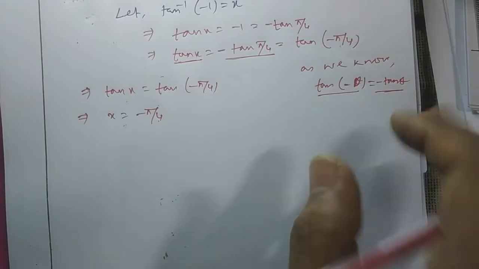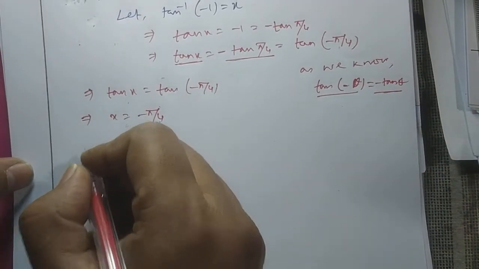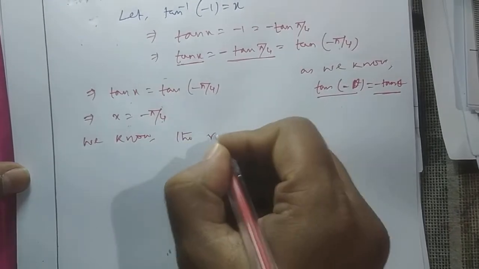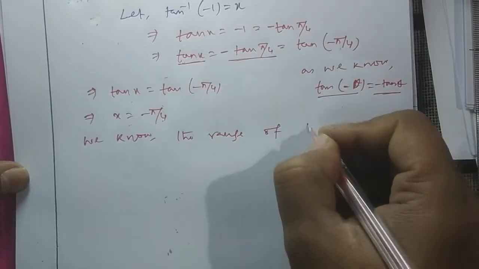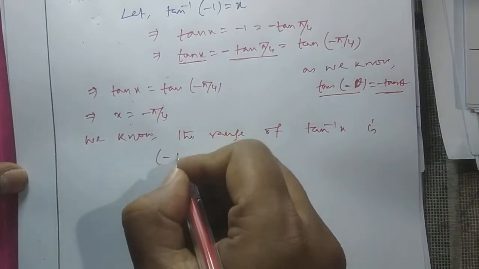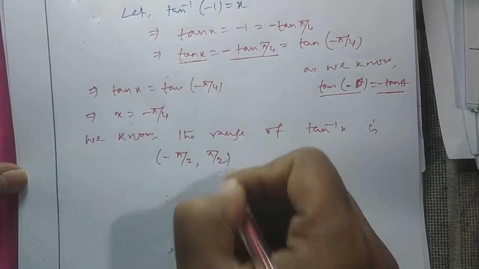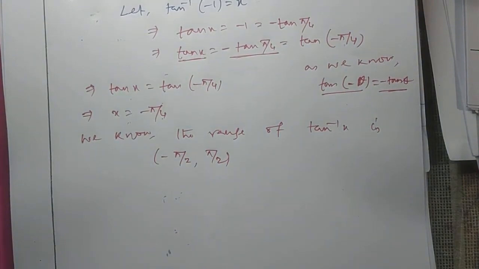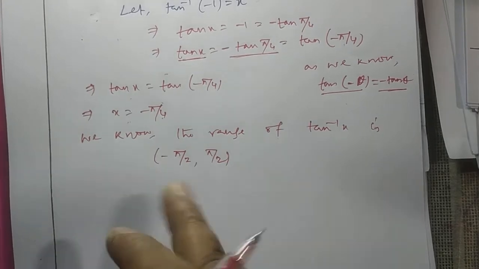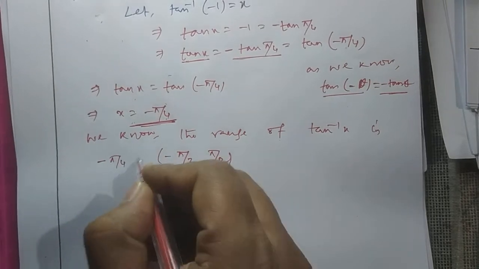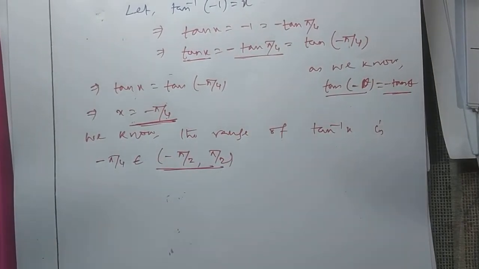Now let us recall the range of tan inverse x. We know the range of tan inverse x is (minus pi by 2, pi by 2) open. Okay. Now look at the table. We know the range of tan inverse x is (minus pi by 2, pi by 2) open. Now it is clearly seen this minus pi by 4 belongs to the range of tan inverse x.